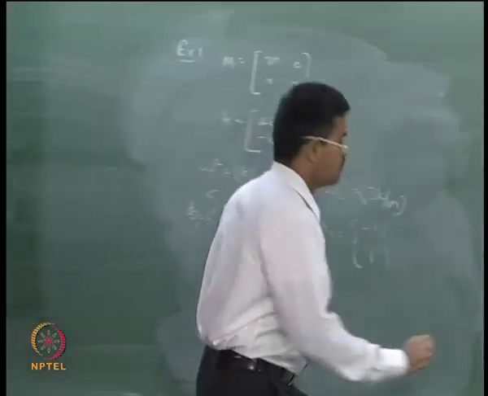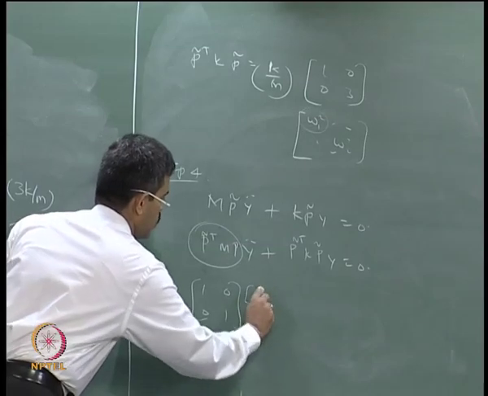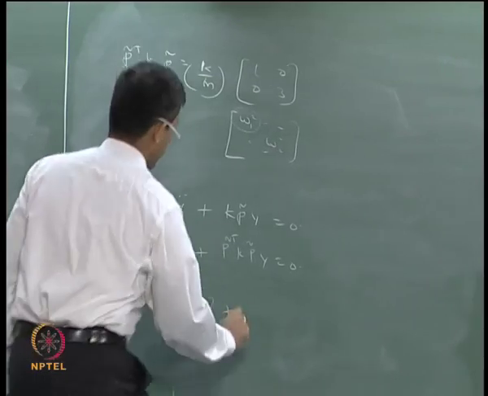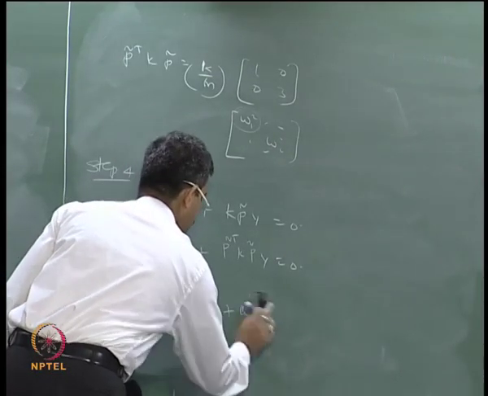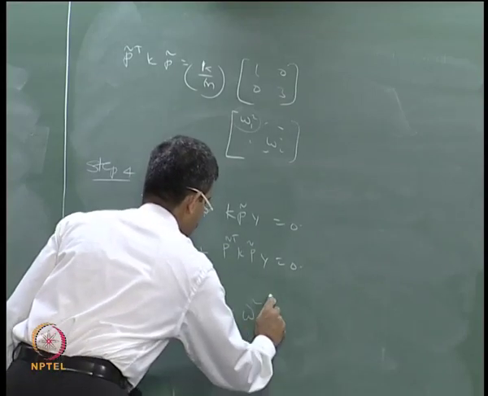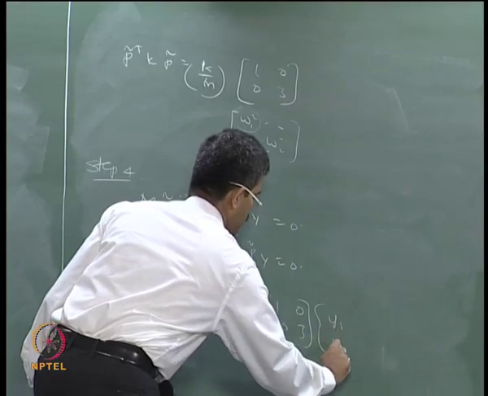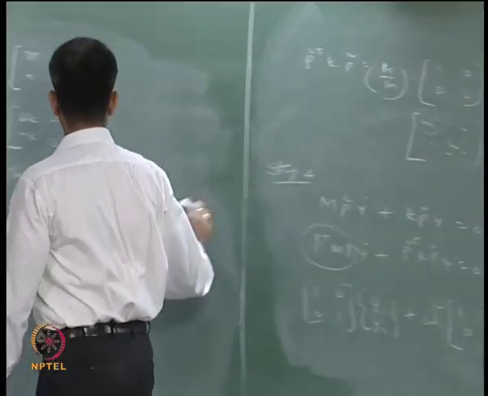Now I can write 1001 of, let us say, y1 double dot, y2 double dot plus omega square of 1003 of y1, y2 is 0. I can remove this now.